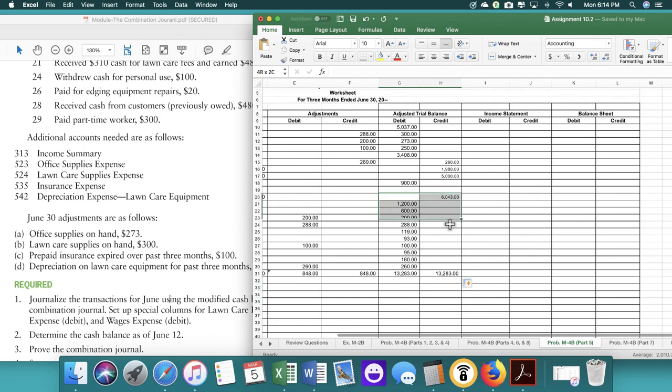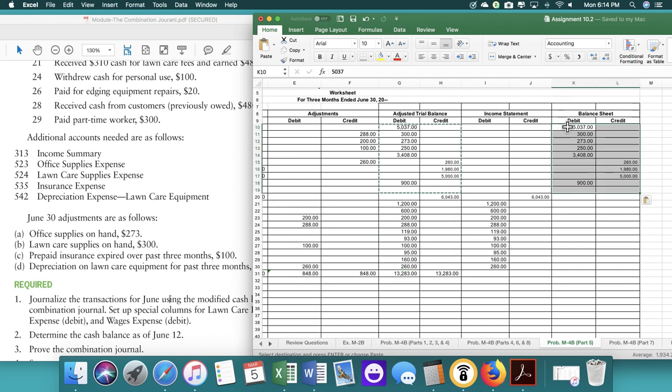Now the rest is pretty easy. We're just going to copy the information over to the correct financial statements. Okay, and then we're going to total. And so I'll go ahead and copy that amount down.